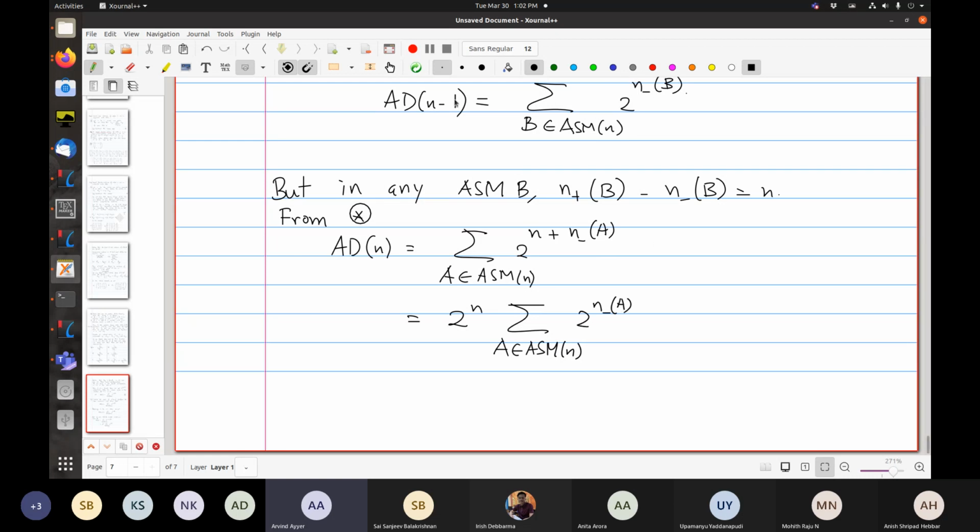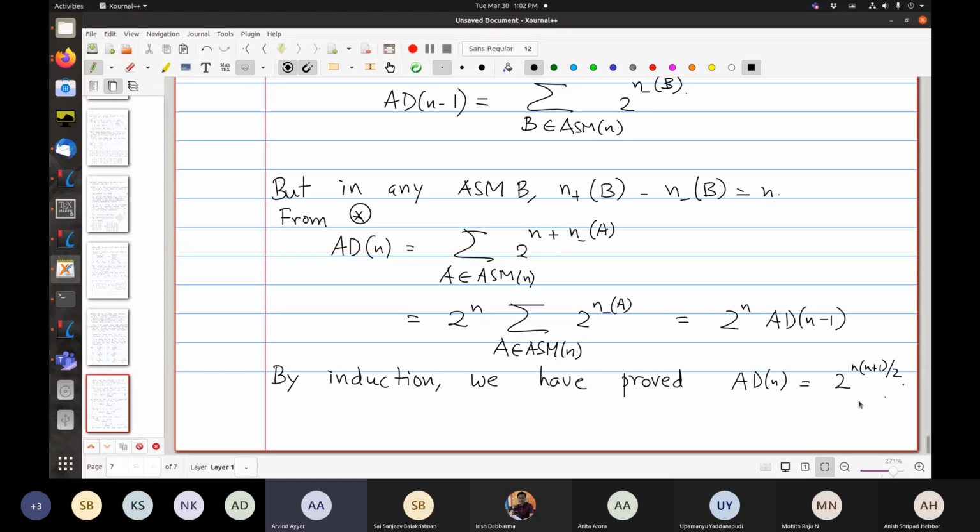But now stare at this formula. This thing is exactly AD of n minus 1. And by induction, we have proved AD of n is 2 to the n into n plus 1, where the base case is obvious.